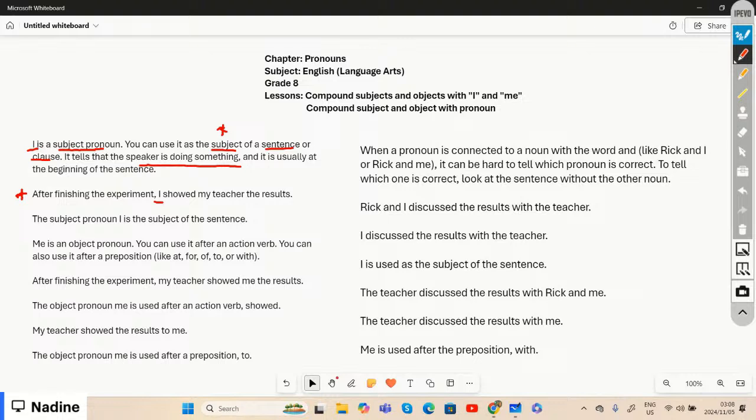So who shows the teacher the results? I show the teacher the results, because remember we said that the subject tells us what the speaker is doing, which means that I is the one that showed the teacher the results. So if we want to identify the subject, then I is the subject within that sentence.